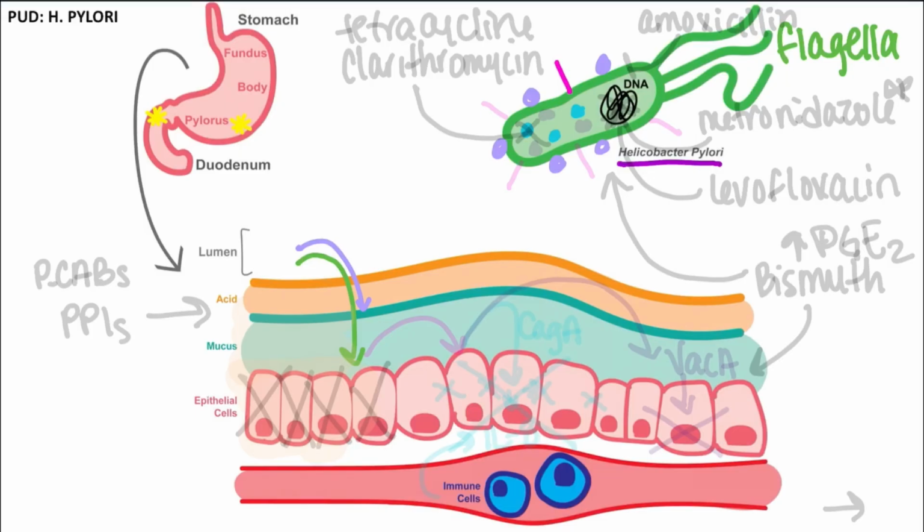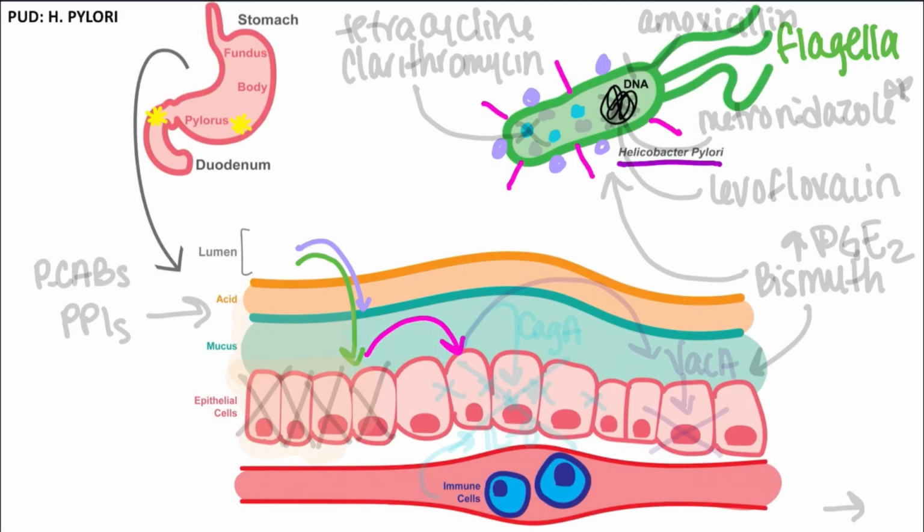Next is the lipopolysaccharides on the surface of the organism, which allows its adherence to the epithelial cells of the mucosal layer.